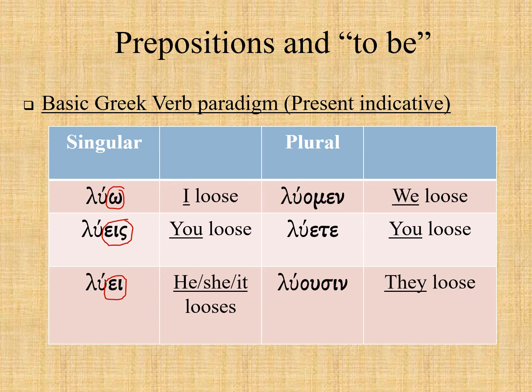So we don't have a specific feminine, masculine, or neuter form of the third person singular. Then we look at the plural verbs. Luomen, we lose. Luete, you lose, plural. And then luousin, they lose. So you can see that each one of the endings circled in red indicates who is actually doing the action, and the stem remains the same, lu.